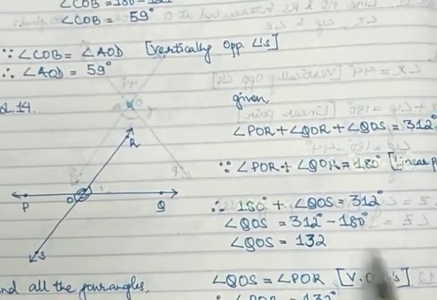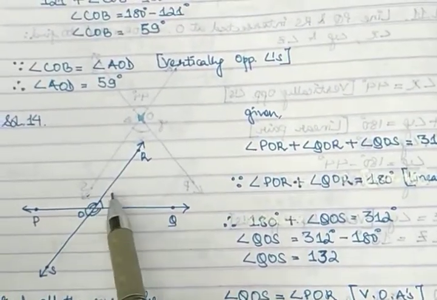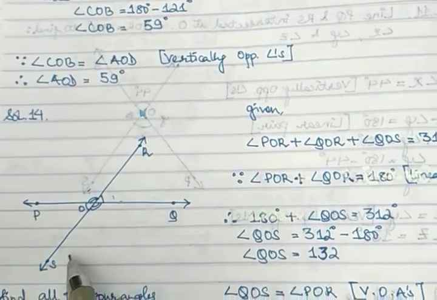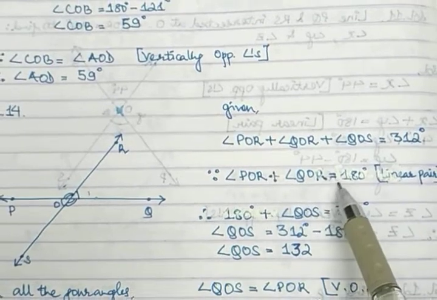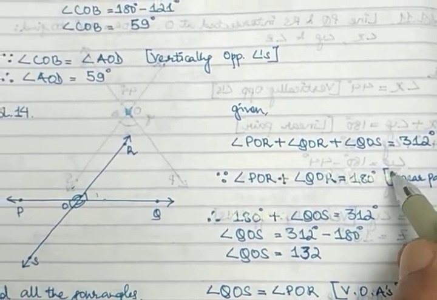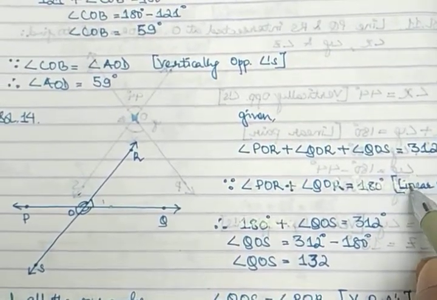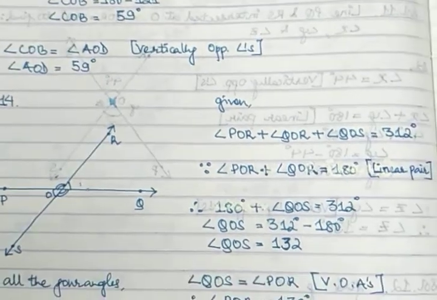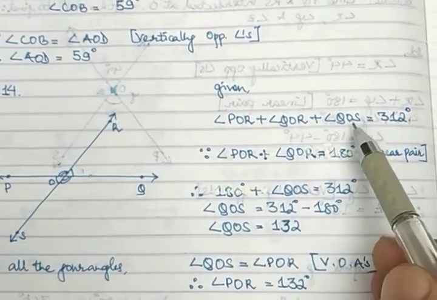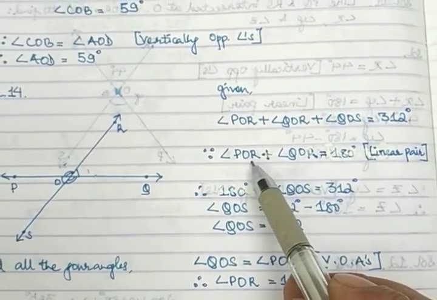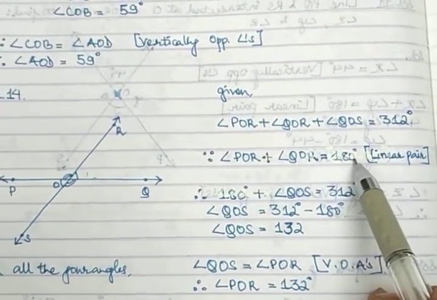So how to approach this one? What we know is that when we add these two angles, we get 180 degrees. That is what I have written here: POR plus QOR equals 180 degrees, because the reason is linear pair. Now in the same equation, in place of POR and QOR, can I substitute 180 degrees?